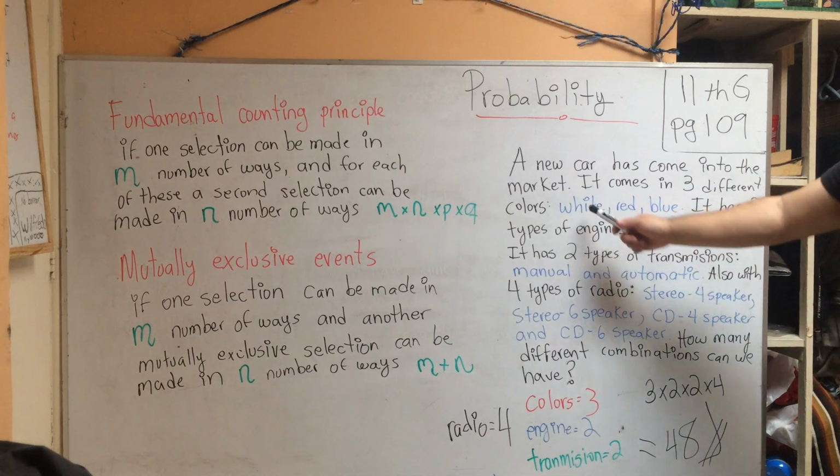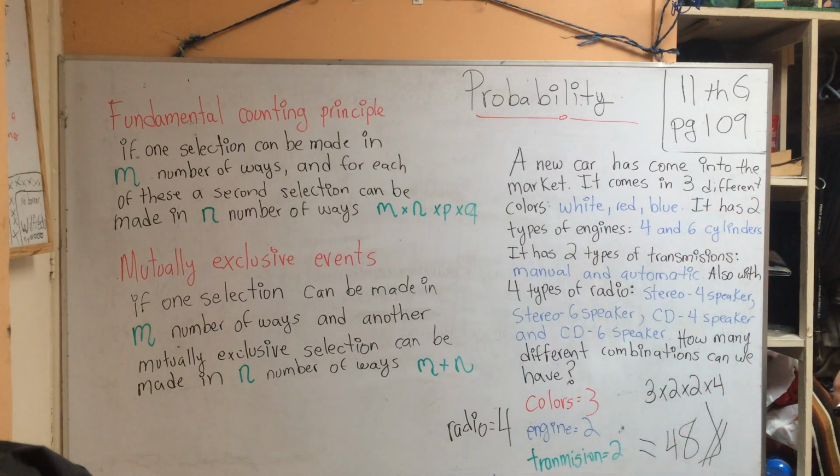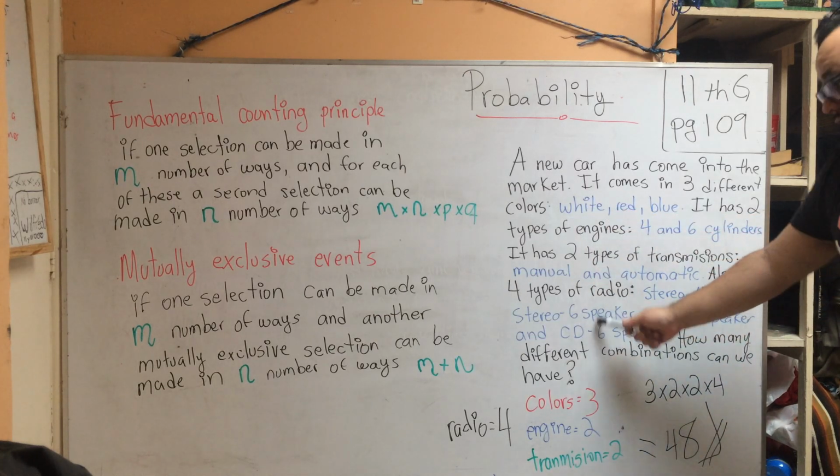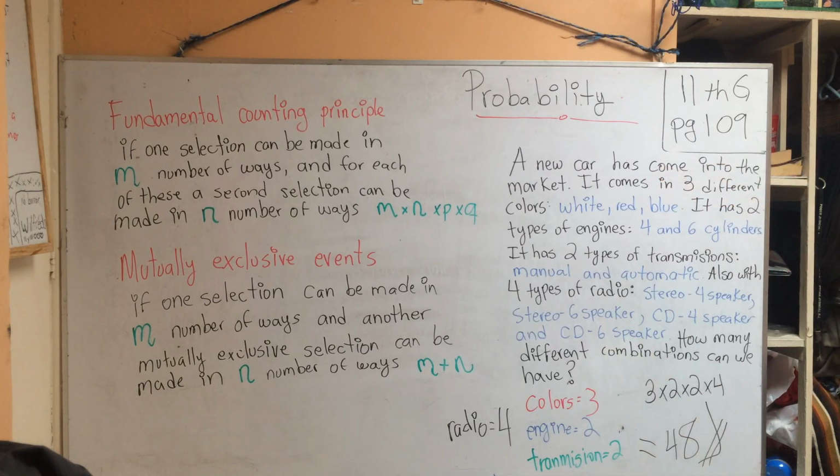Because we can have a white car with 4-cylinder, manual, and 4 speakers. Then a white with a 6-cylinder, also manual with 4 speakers. We can also have a white with 4-cylinder, automatic and 6 speakers. So every combination is counted.